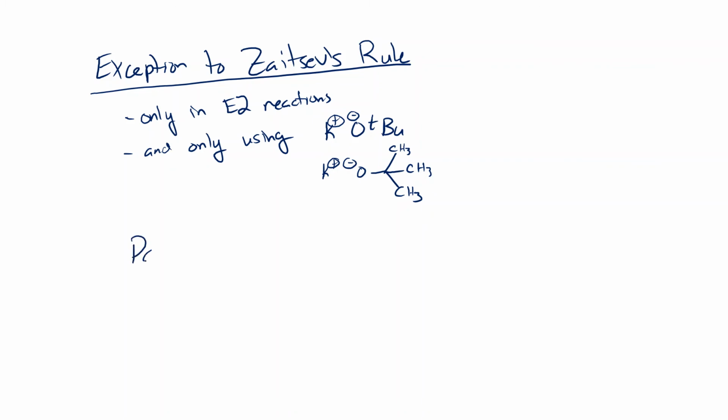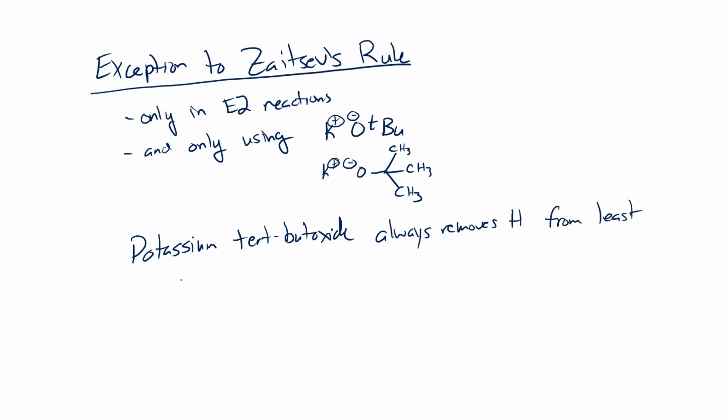repelling base that it can't get in and take a hydrogen from the most substituted position. And so potassium tert butoxide always removes the hydrogen from the least substituted position.